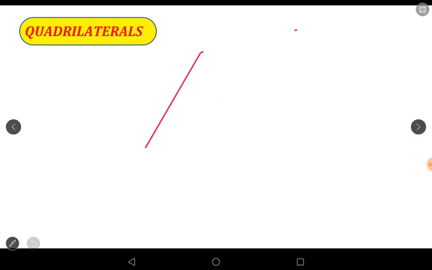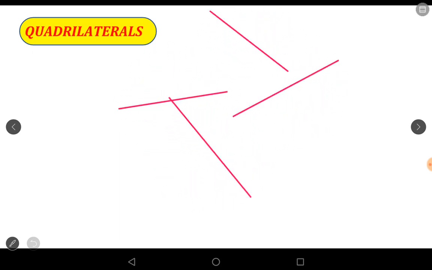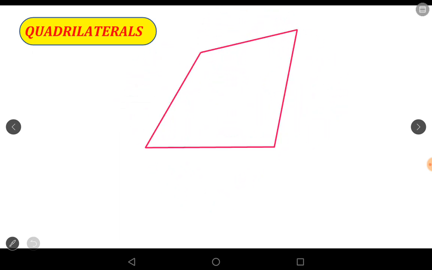Quadrilaterals. Observe here. Second side, third side, fourth side. These 4 sides are connected at common points. The first side's end point and the second side's starting point are common. The second side's end point and the third side are common. The third side's end point is connected with the fourth side.